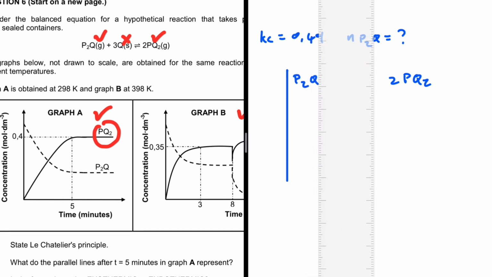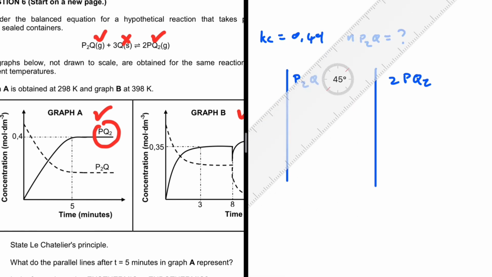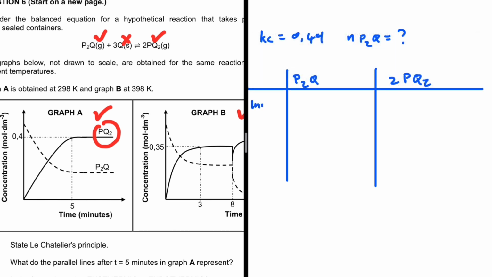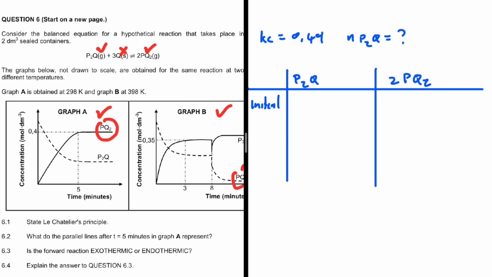So let me make the spaces a bit bigger here, because we're going to need some space. And then let's just underline here. Right, so this is the initial concentration. Okay, so the initial concentration, we're going to get that from graph A at 298 kelvins.